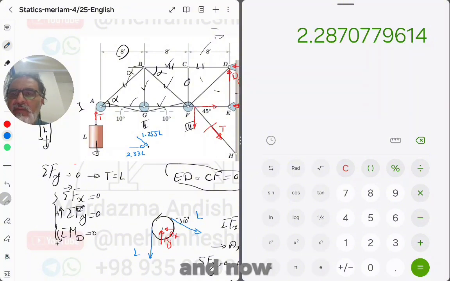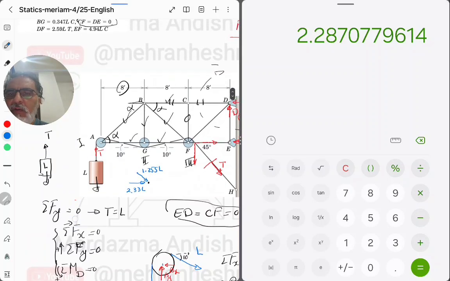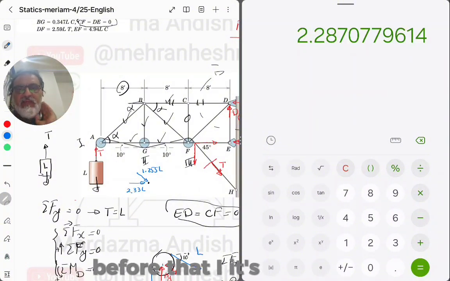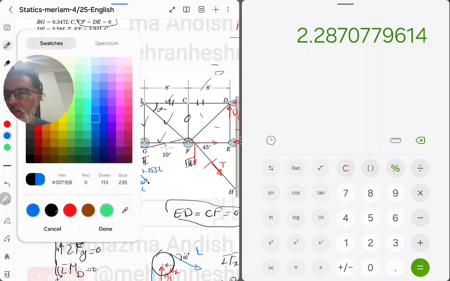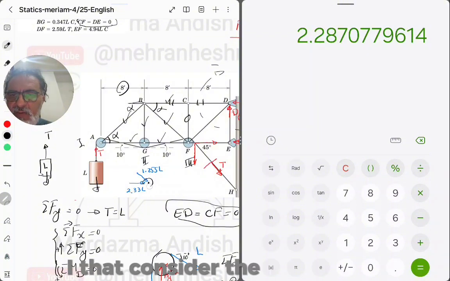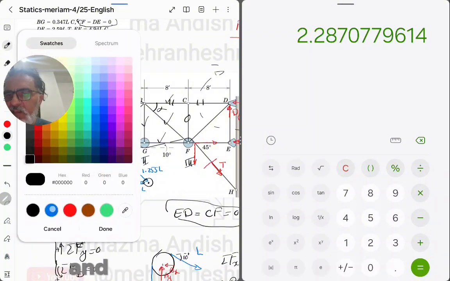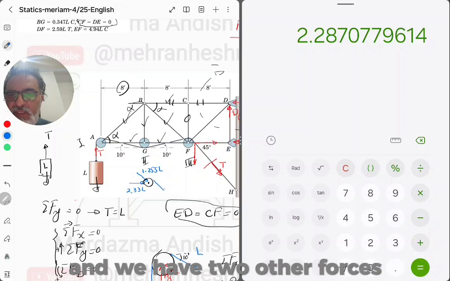And now, I consider the pulley here, and we have two other forces.